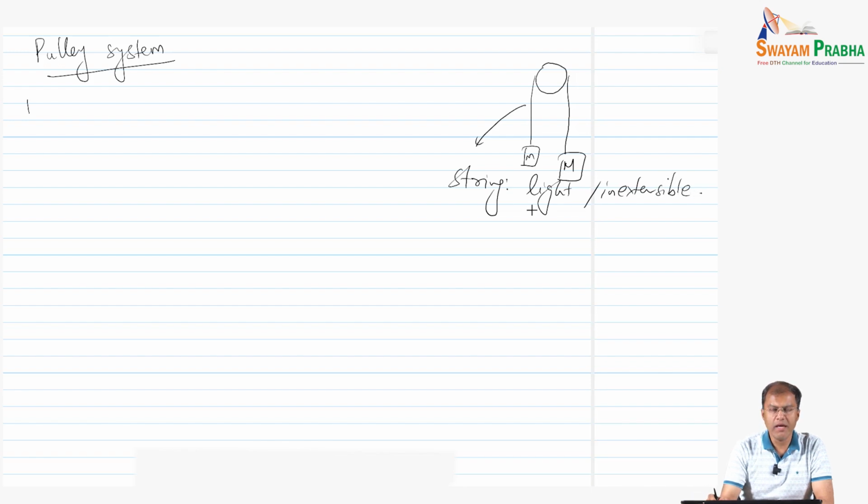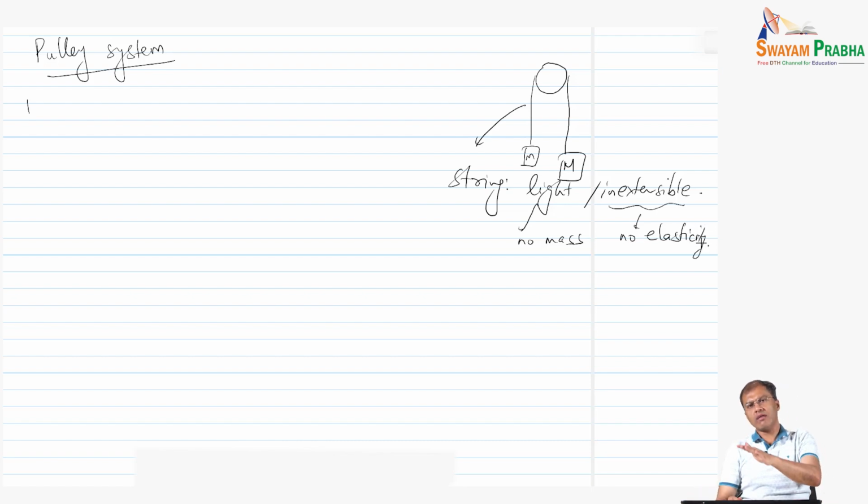So what do we mean by light? There is no mass, so we don't count the mass of the string, and inextensible means that there is no elasticity in the string, so it cannot stretch, right? We are going to look at problems involving elasticity a little bit later, but for the time being there is no elasticity, so there is no elastic energy stored in the string.